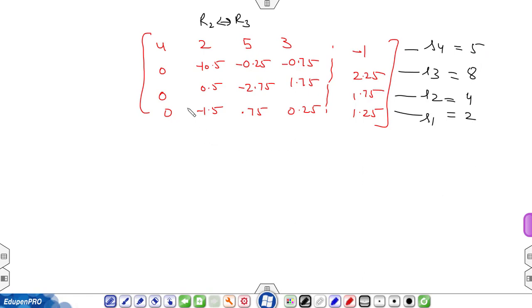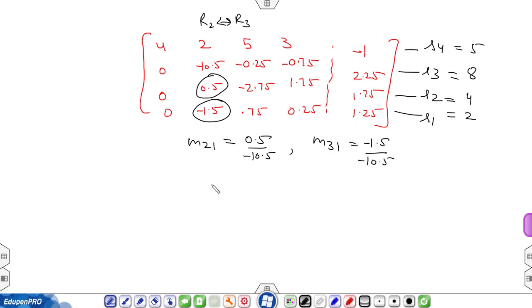Okay, now what you have to do, you have to make 0 at this and this position. So what we can do, we will define M21, that is 0.5 upon minus 10.5, and M31, that is minus 1.5 upon minus 10.5. After that we will apply row operation. So we are getting R3 minus M32 R2, that is in row R3.